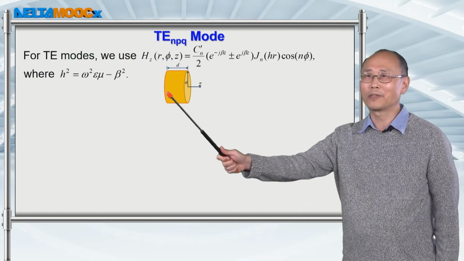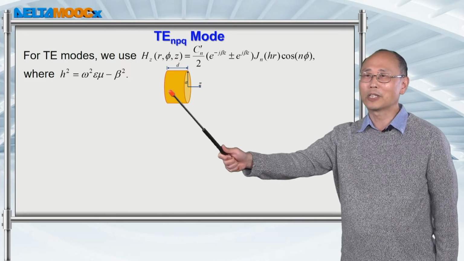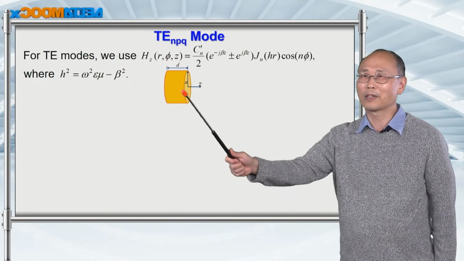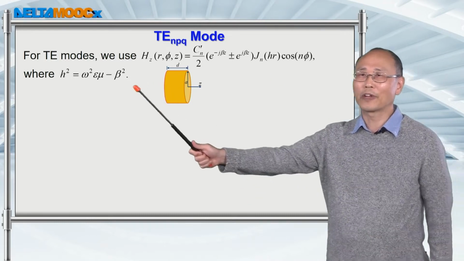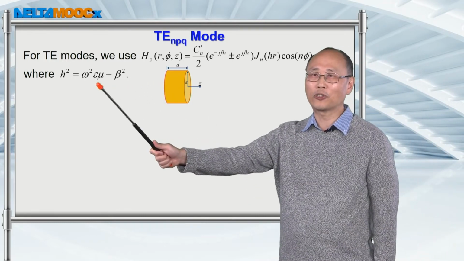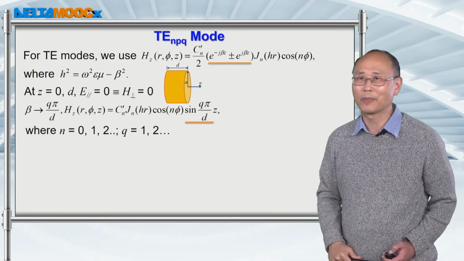because once you put boundaries at z equal to 0 and z equal to d, you expect a standing wave set up along this z direction. And don't forget that this is the dispersion relationship provided by the waveguide analysis.